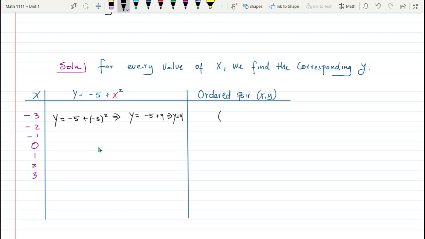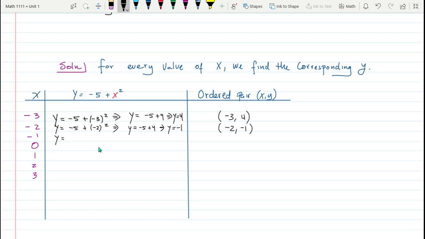So therefore we have the ordered pair -3, 4. We're going to do the same thing for all of the different points. -2 instead of x, so -5 plus -2 squared is going to be the same thing as y equals -5 plus 4, and that comes out to be y equals -1. So we have -2 comma -1.